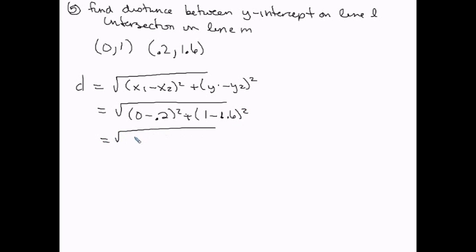So that gives me negative 0.2 squared plus negative 0.6 squared. And again, when you square negatives, they become positive.